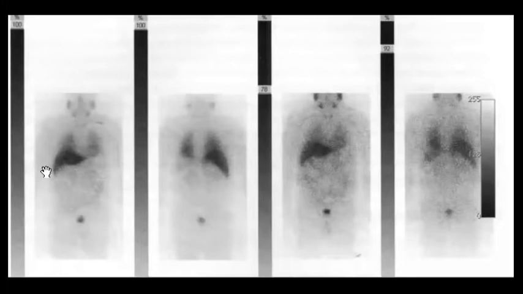When the tracer comes to a differentiated tumor, it will be the typical one, like the case of carcinoid, as we mentioned a few minutes ago. Here, the same: when the MIBG goes to a differentiated tumor, it will be pheochromocytoma. We don't have any uptake here, and the physiological uptake of the liver is okay, so there is no problem with the tracer. So now what could it be? It should be carcinoma. Is it clear?